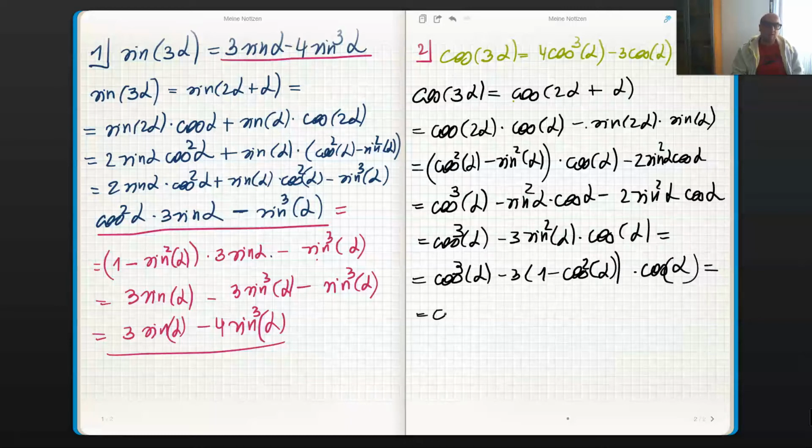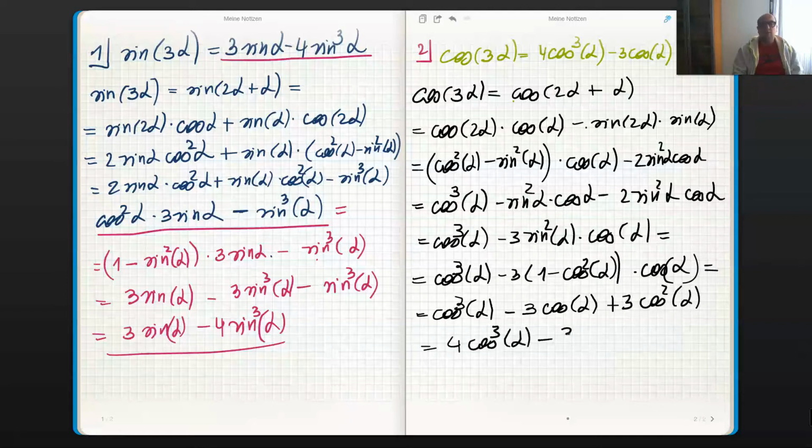And this is cosine cubed of alpha minus 3 times 1 times cosine, giving us minus 3 cosine of alpha. Minus 3 times minus 1 gives us plus 3 cosine cubed of alpha. And we're basically having 4 times cosine cubed of alpha minus 3 cosine of alpha.